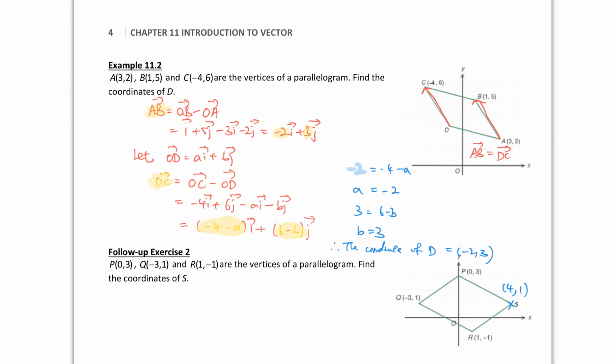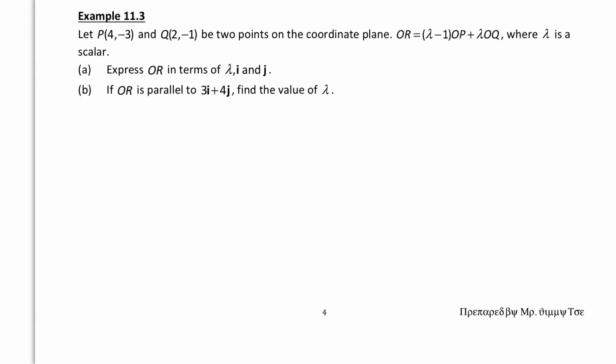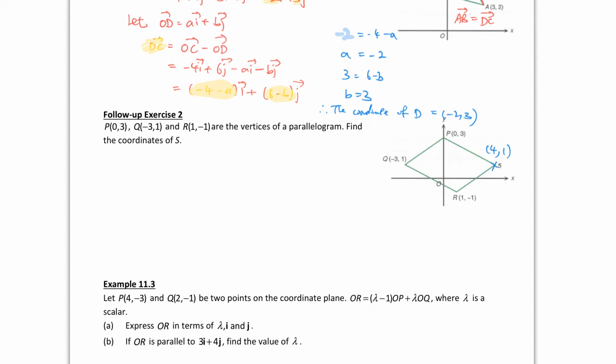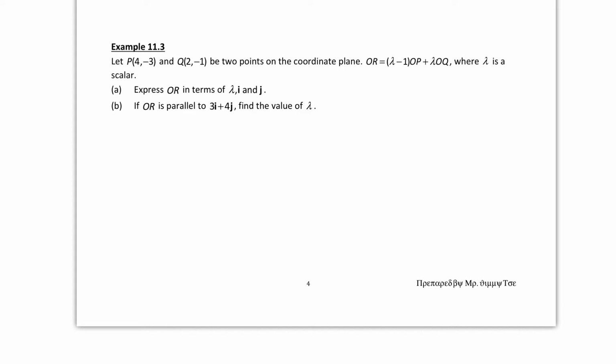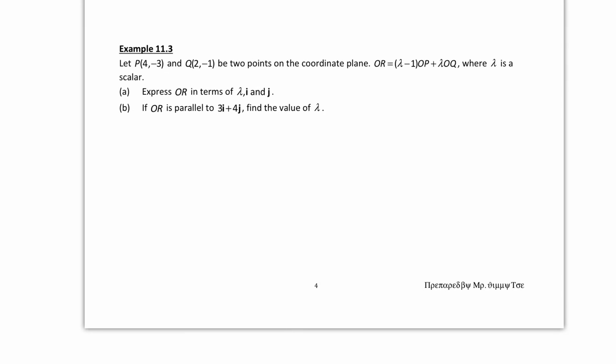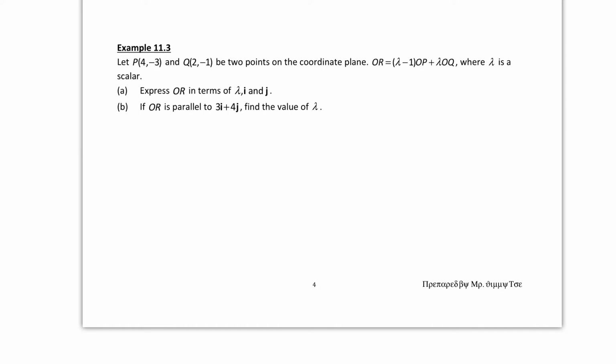Example 11.3. We have 2 points, P and Q, on the coordinate plane. OR is equal to lambda minus 1 times OP plus lambda times OQ.